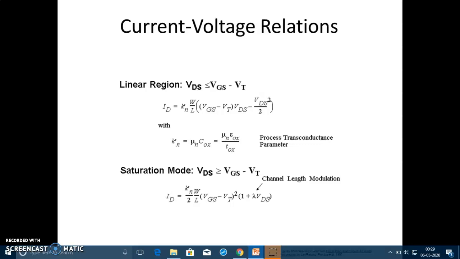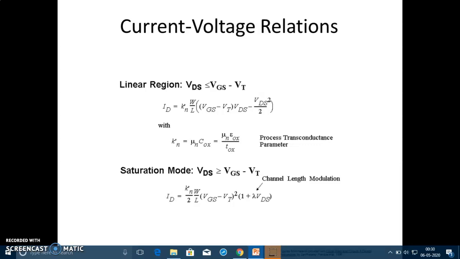Next, current voltage relations. Here there are linear region, saturation region and cutoff region. In cutoff region there is no conduction. In linear region, VDS is less than or equal to VGS minus VT. VT is the threshold voltage. In saturation region, VDS is greater than or equal to VGS minus VT.